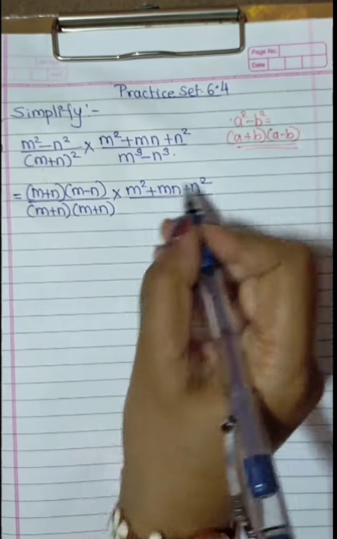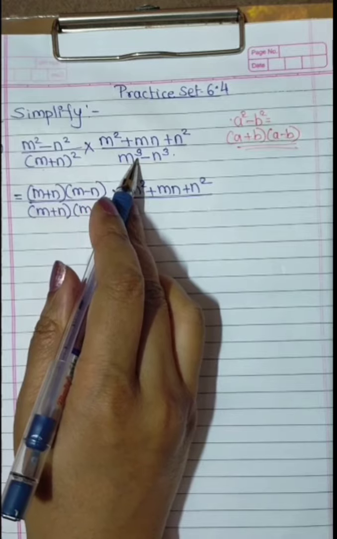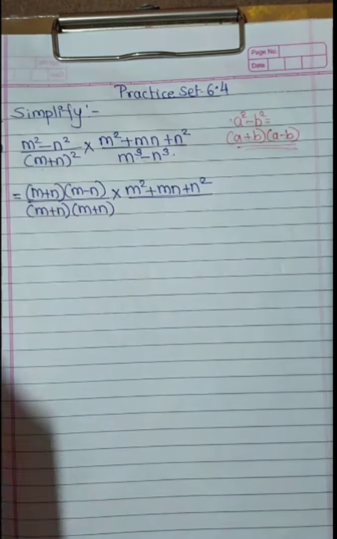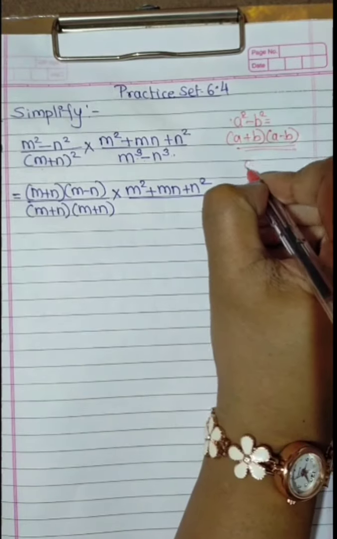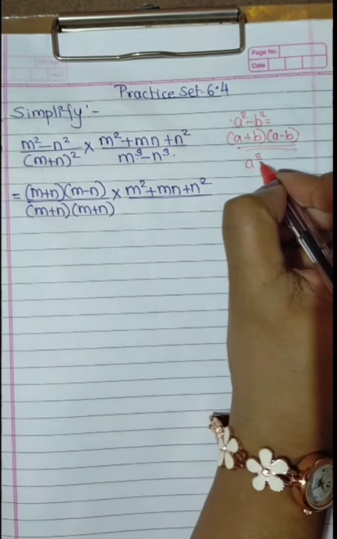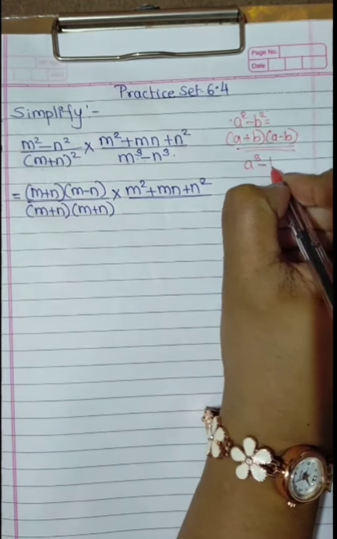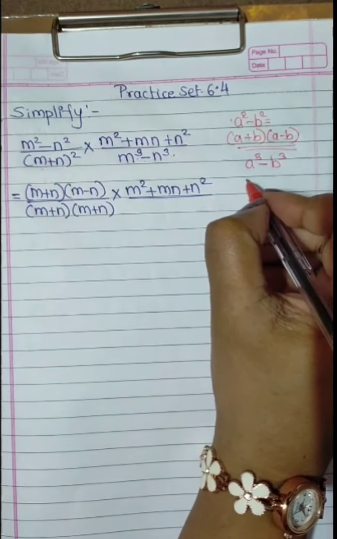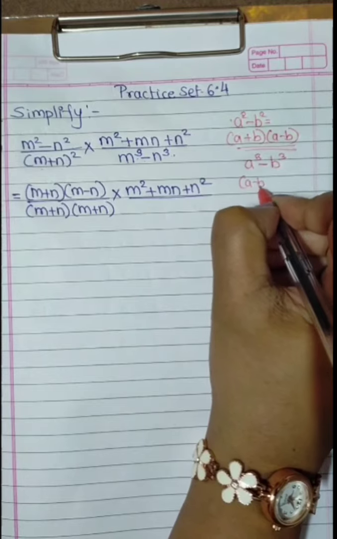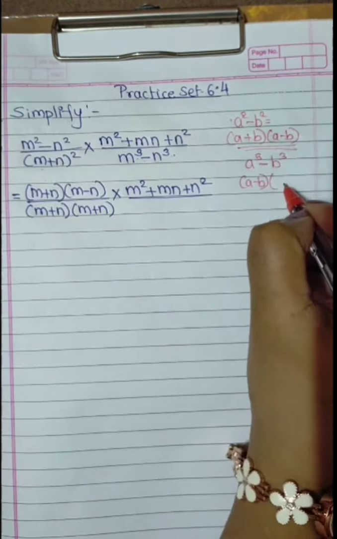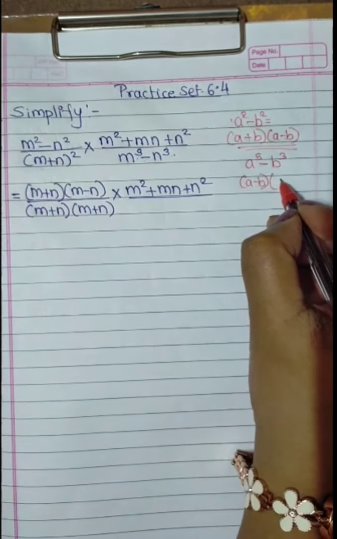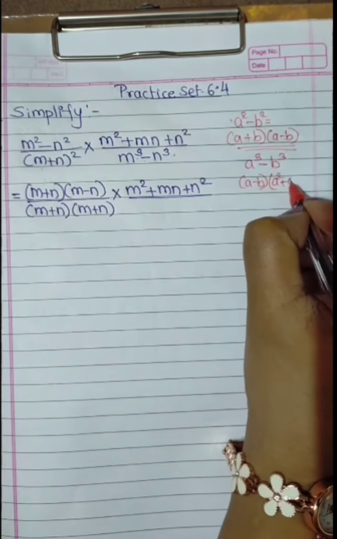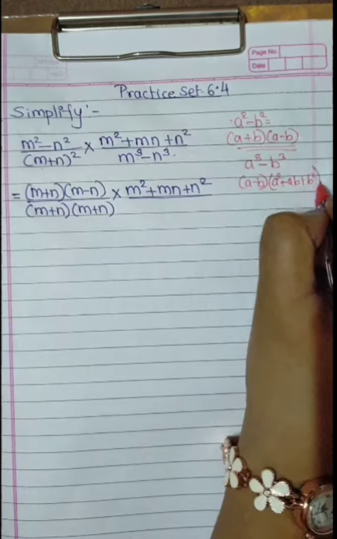Okay, now again you can see m cube minus n cube is given. Again we are going to use the formula of a cube minus b cube. The answer will be a minus b and a square plus ab plus b square.